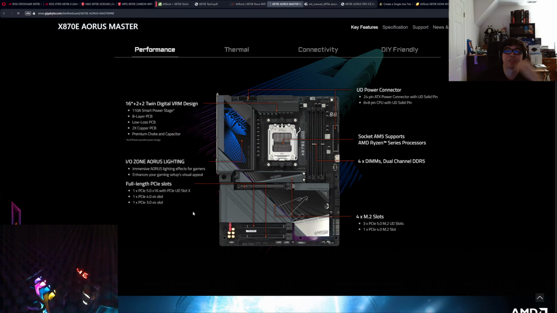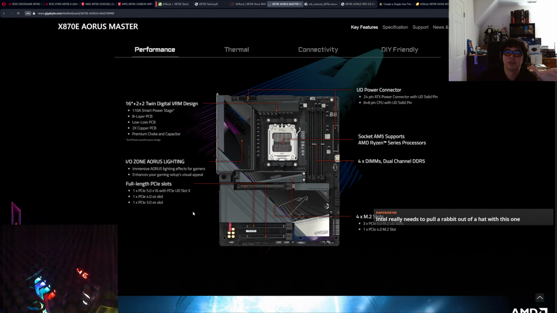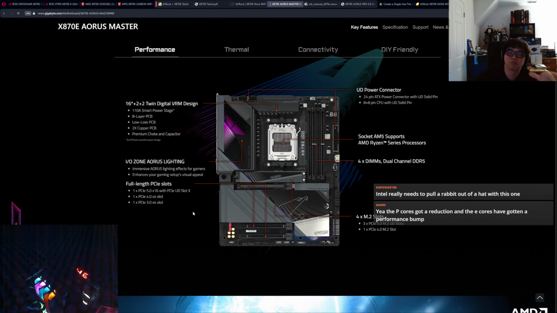And ultimately what that means is that the new E cores are so much more powerful that Intel no longer needs hyperthreading for multi-core workloads. I think the E cores are going to be so strong that, not in single thread, but as a group, as a whole, together they will be very strong at multi-threaded workloads.